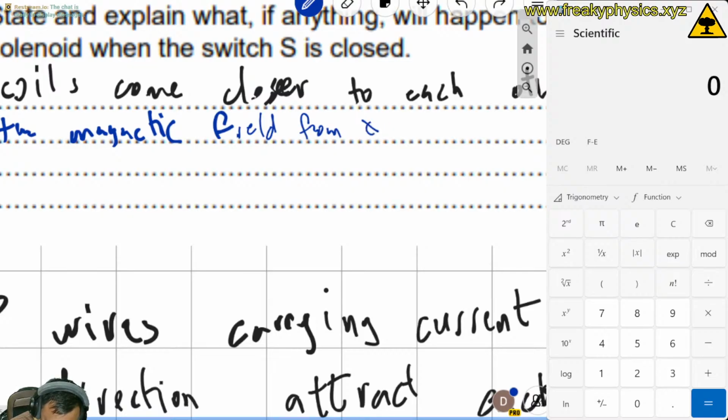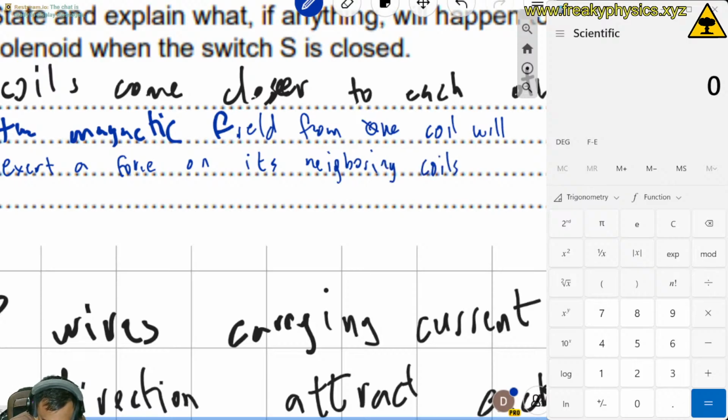One coil will exert a force on its neighboring coils. And let's put the word attractive. I'm gonna write attractive here, to make it faster. Attractive force on its neighboring coils, compressing it.